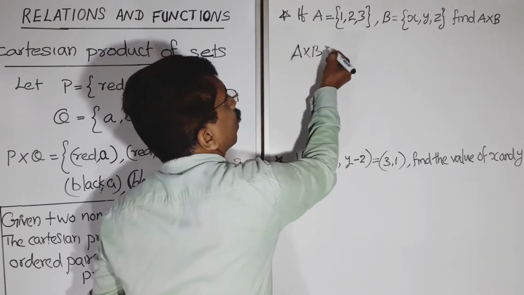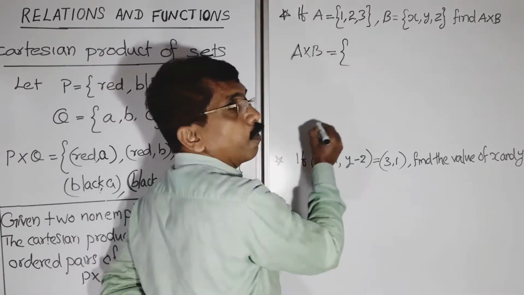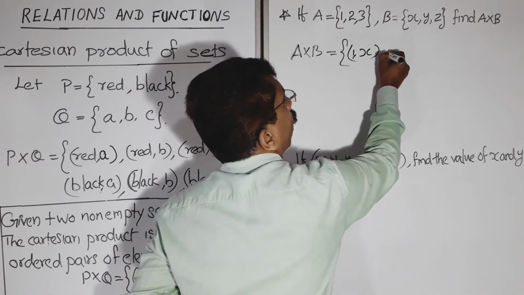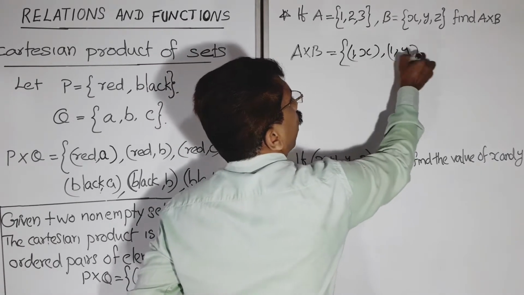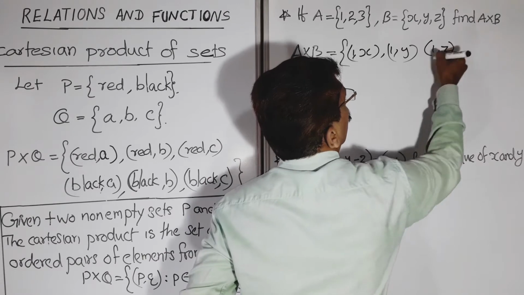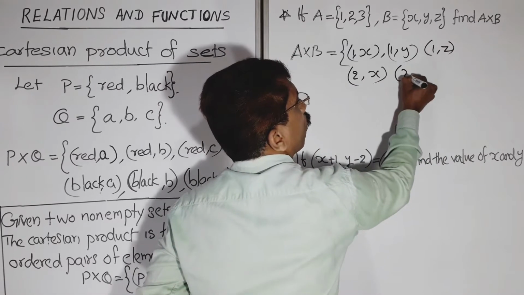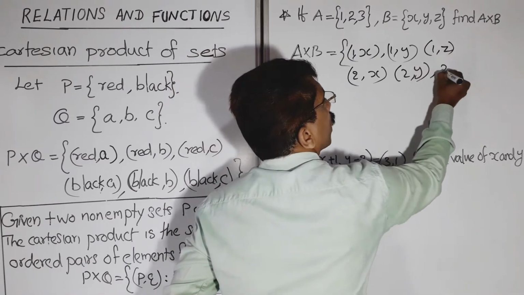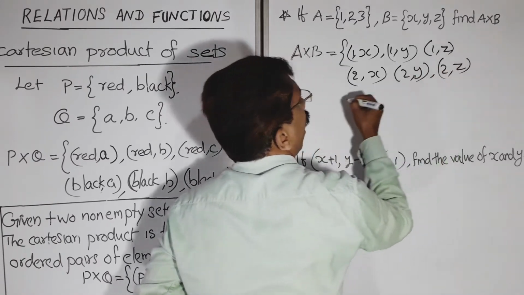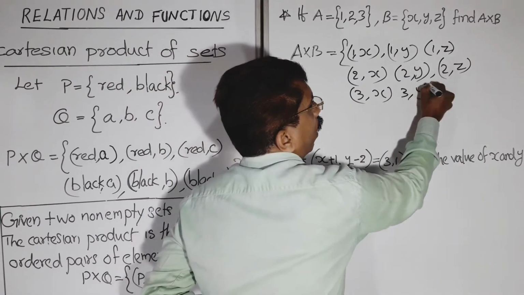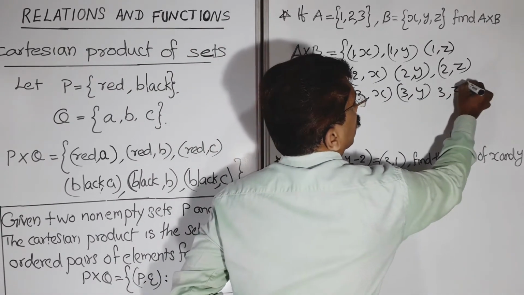A cross B is equal to set of ordered pairs (1, x), (1, y), (1, z), then (2, x), (2, y), (2, z), and (3, x), (3, y), and (3, z).